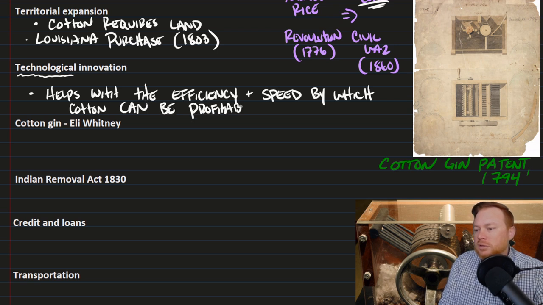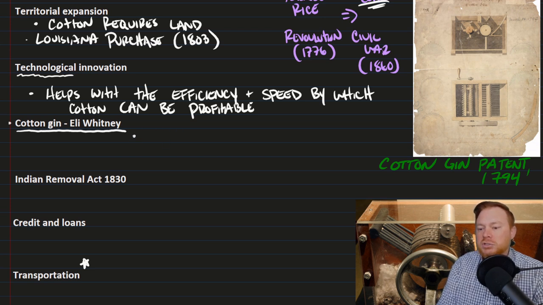So in terms of technological innovations, the factory or the steam engine is one. We'll talk about transportation in a moment, but there really is one big technological innovation that gets highlighted here, and that is Eli Whitney's cotton gin.